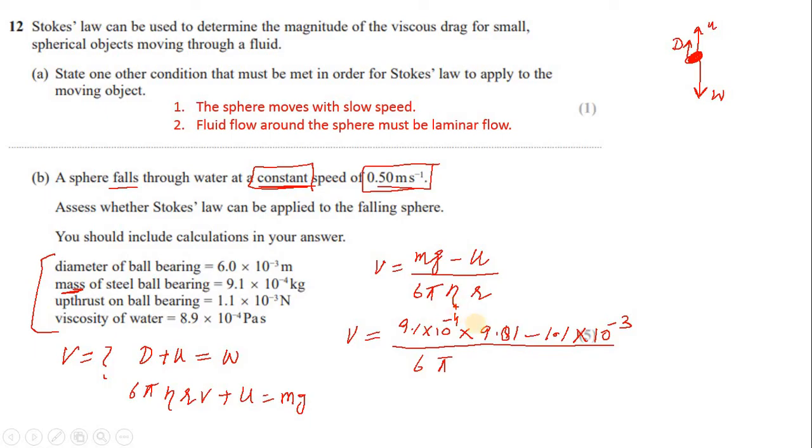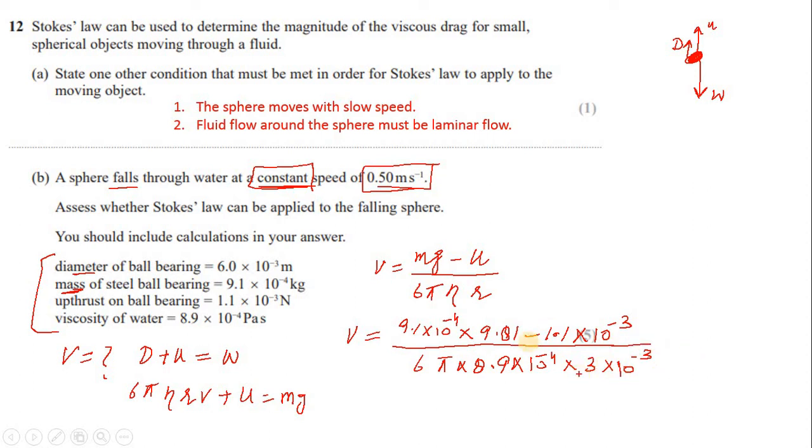Eta is the viscosity, which is 8.9 into 10 to the power minus 4, and r is the radius, and we are given the diameter, so divided by 2, that means 3 into 10 to the power minus 3.